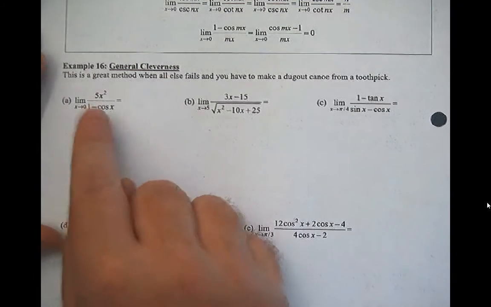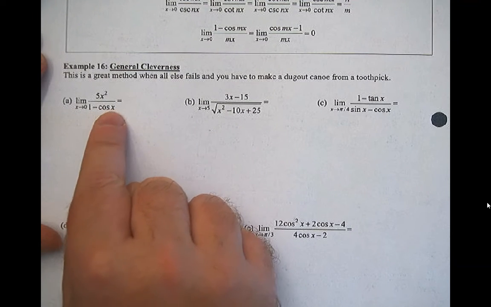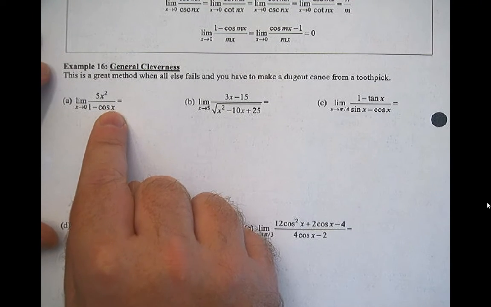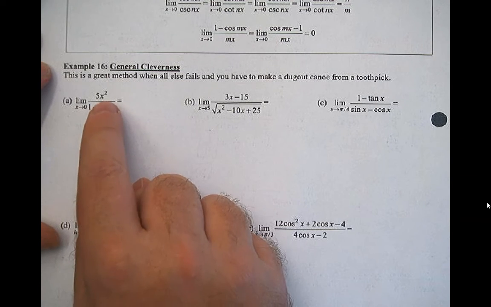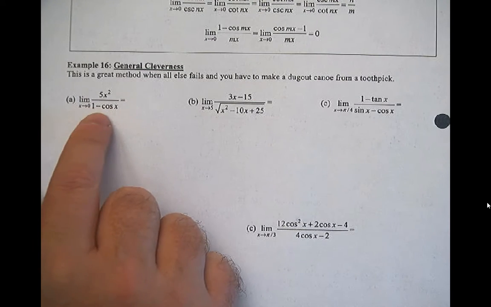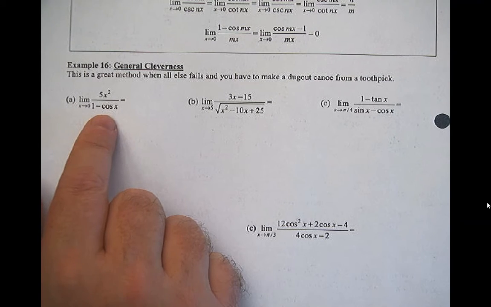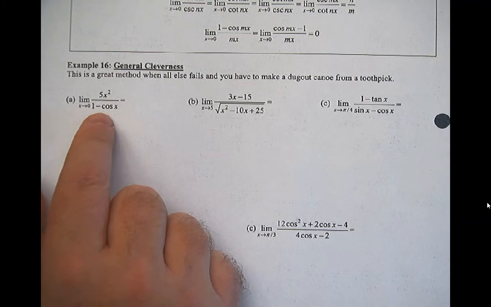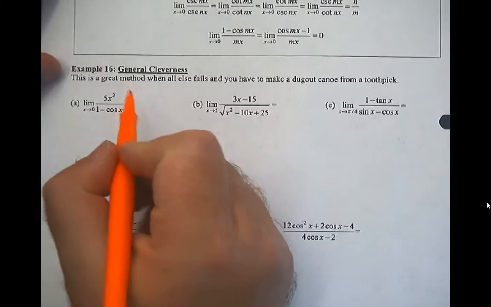So as I look at this thing, I know that there's something with 1 minus cosine of x that's associated with x, but then I'd have an x left over, which would always make that thing worth 0. So what I'm going to do instead is look at this and think conjugate. I don't know how to teach you to see that, but when I see 1 minus cosine, I think of 1 plus cosine.